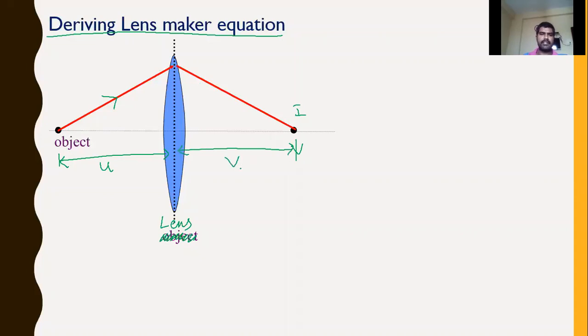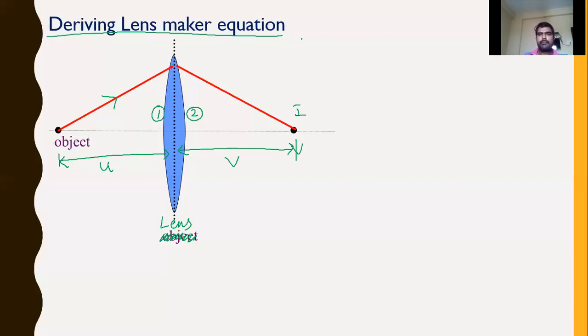This is image distance v. Whenever refraction takes place through this biconvex lens, the light ray first suffers refraction at the first surface, say this is the first surface, and then it comes out from the second surface. When it comes out from the second surface, it will undergo refraction twice.